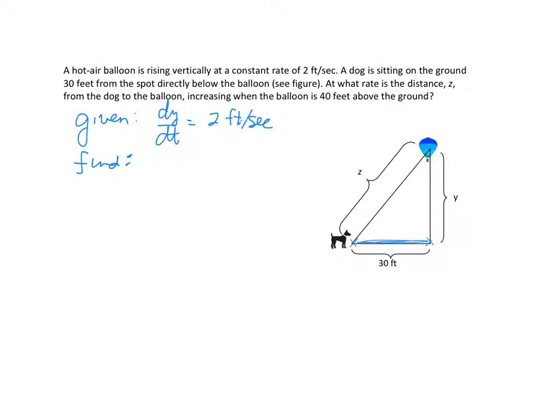So the rate at which z is changing, or more specifically in this case increasing, we call that dz/dt. So find dz/dt at the instant that the balloon is 40 feet above the ground, when y is 40 feet.